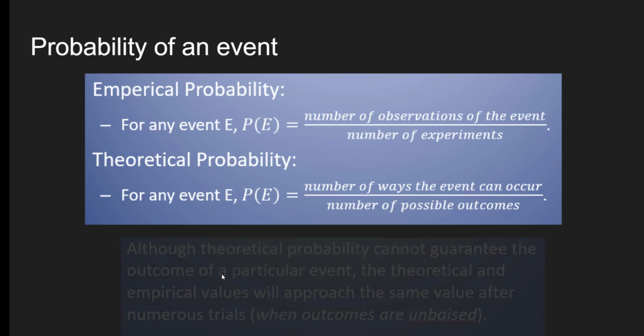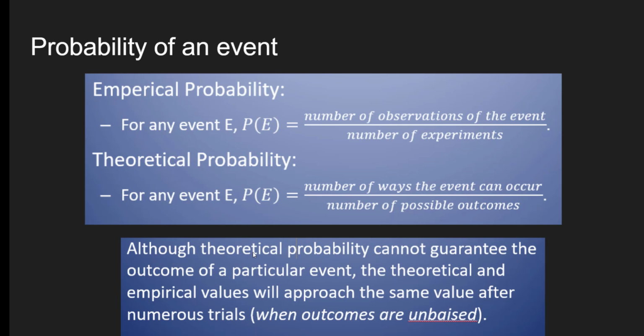Fortunately, theoretical probability, you might think of as a shortcut because although it cannot guarantee the outcome of a particular event, we see in mathematics that theoretical and empirical values will approach the same value after numerous trials. So if I were to carry out these experiments for days and days, maybe years, eventually those numbers should merge to the theoretical probability. So theoretical probability is what we will focus on in this class as a math class.